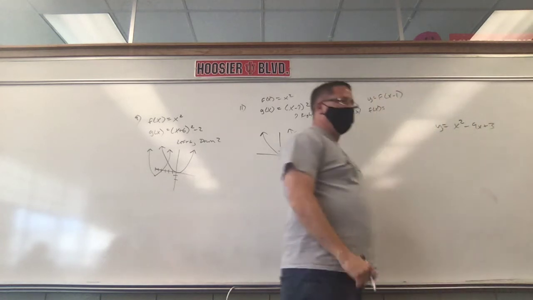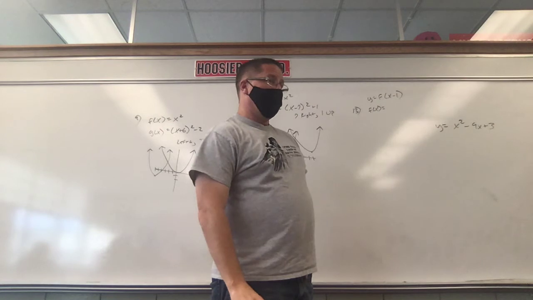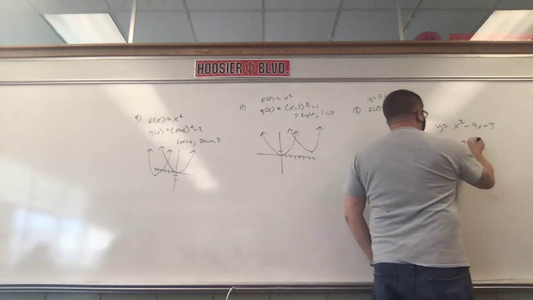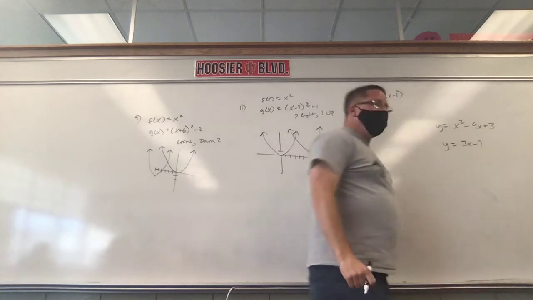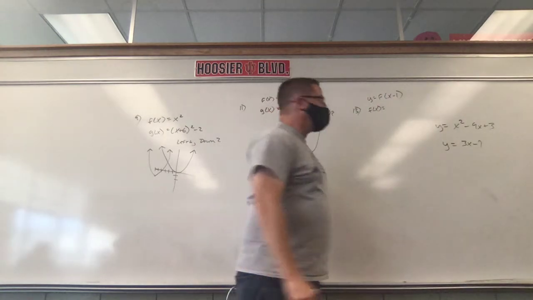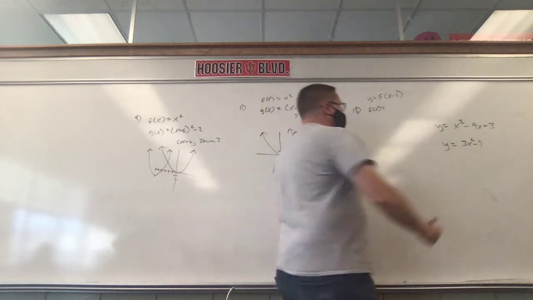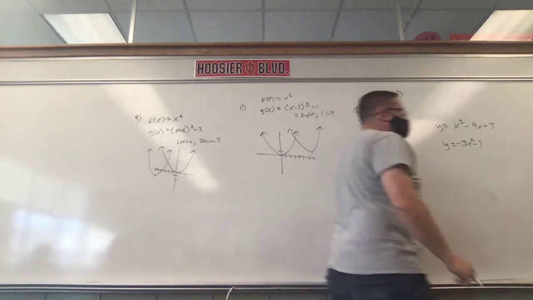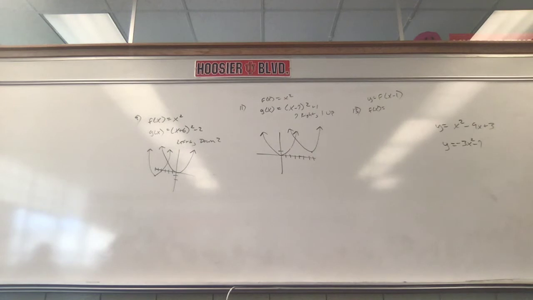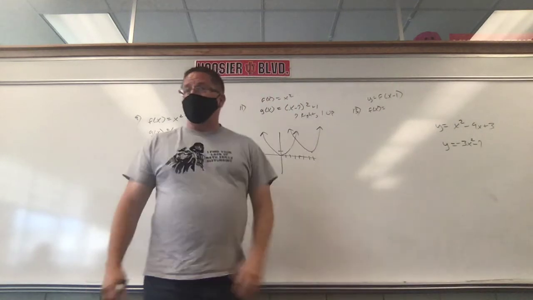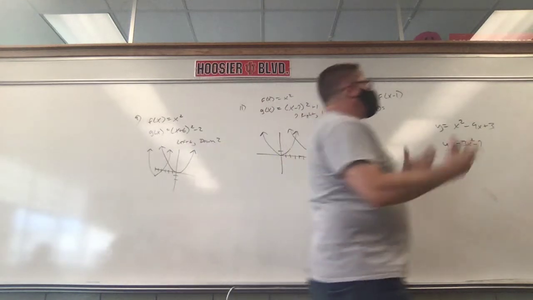Could it possibly be that? Yeah, because there's a square right there, okay? Could it possibly be y equals 3x minus 7? No. No way, that's not a quadratic. Could it be 3x squared minus 7? Yes. Maybe. How about this one? Could it be negative 3x squared minus 7? This one right here? No way. Why? Because it's still right side up. It should be upside down because of that negative there, okay? Good.